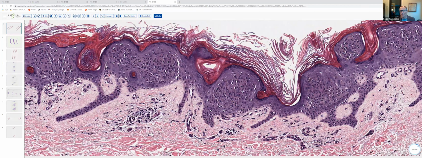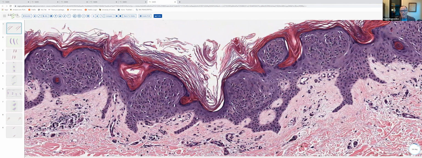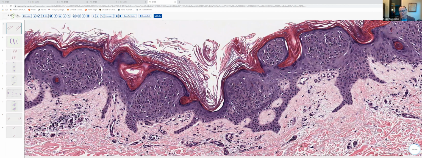As is the case with clonal seborrheic keratoses, the keratinocytes comprising these nests or islands are fairly monotonous and uniform. There's no significant cytologic atypia. They have round to oval nuclei, which are not variable in size and shape, and the chromatin pattern is fairly even as well.